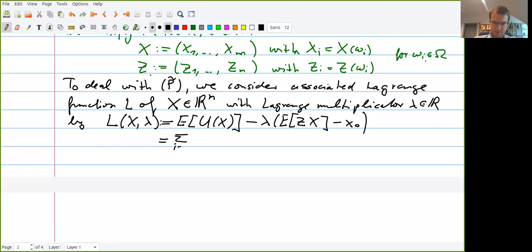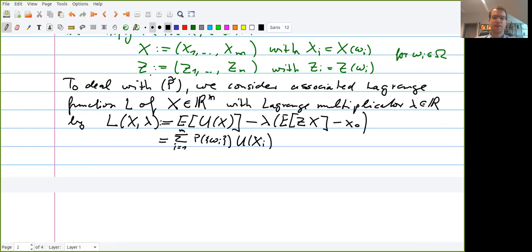All right. Now you all can see that this is indeed a function from Rm. Let me calculate for you the expectation here. You see, well, this is good.